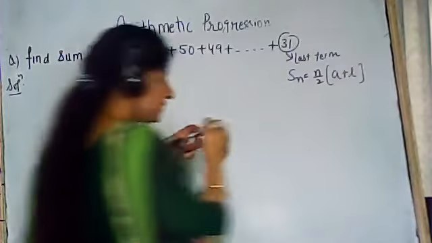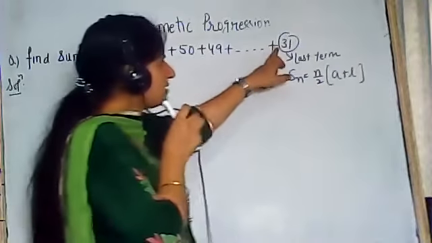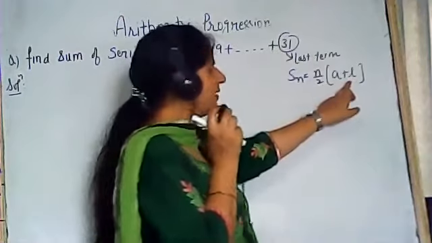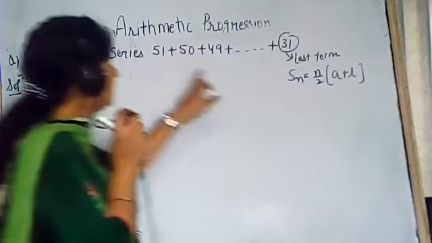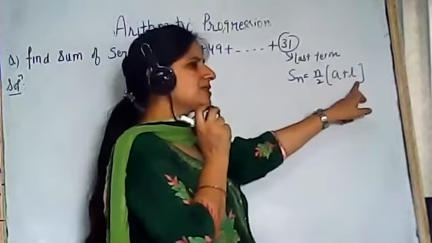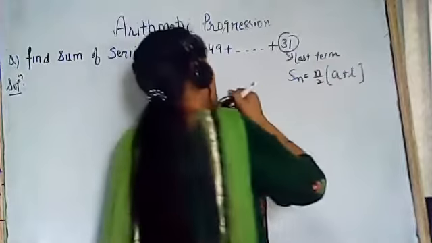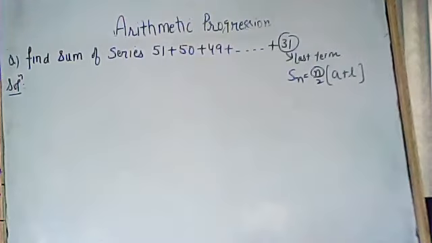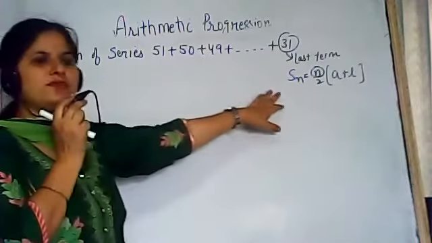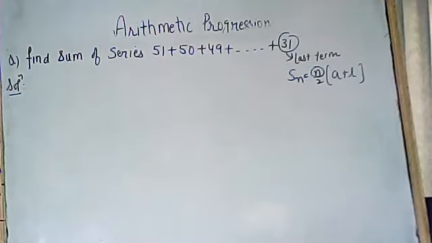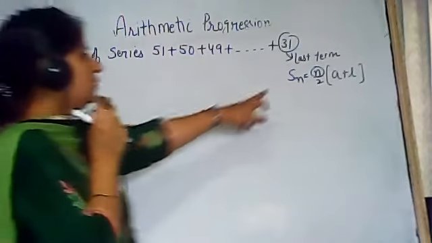The last term L equals 31, and A, the first term, equals 51. A is given, L is given. So first we want to calculate the value of n so that we can find the sum of this series.